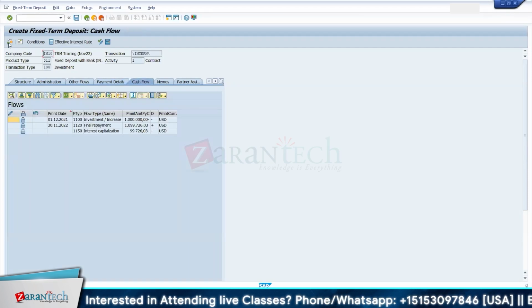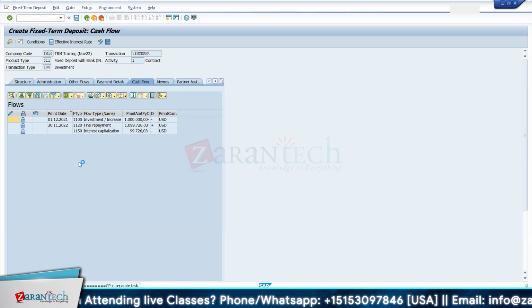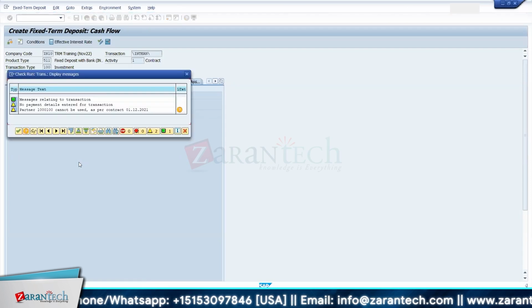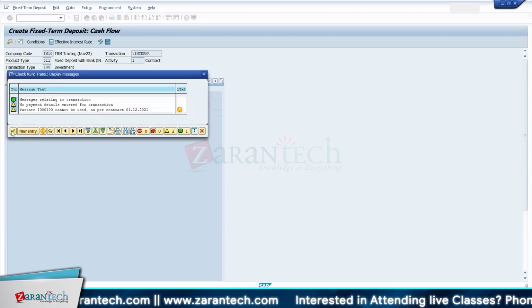Before saving, let us check whether the transaction is correct or some mandatory information is missing. You can see no payment details entered because currently I have not configured that. Partner, this cannot be used as per contract. Okay, you will get those values, that is fine. So now this is saved.